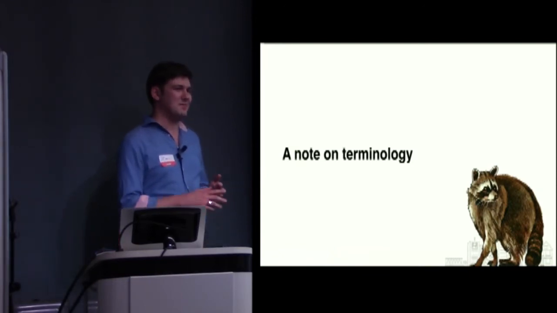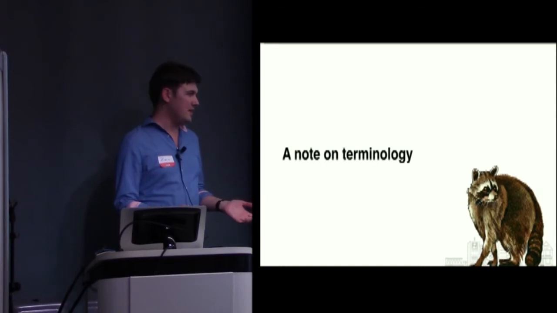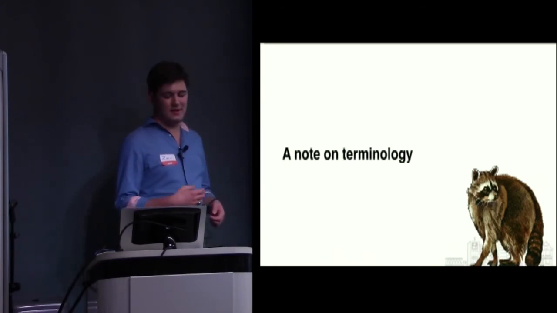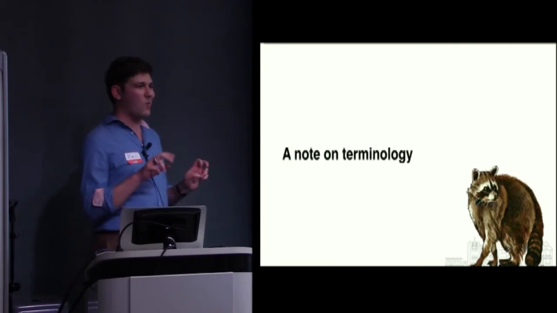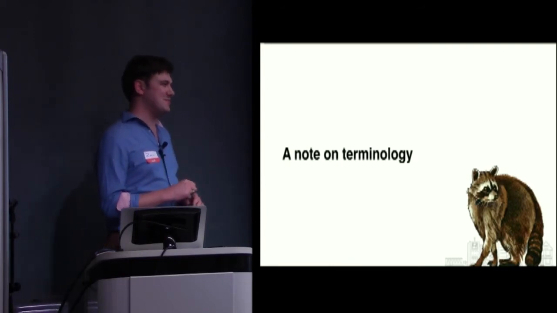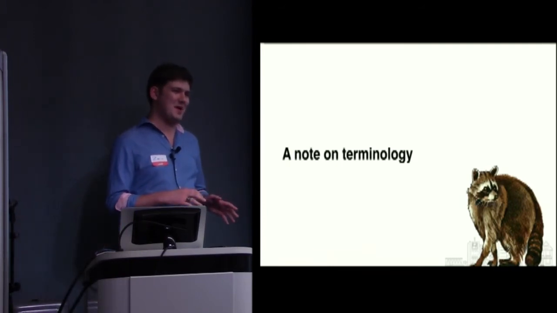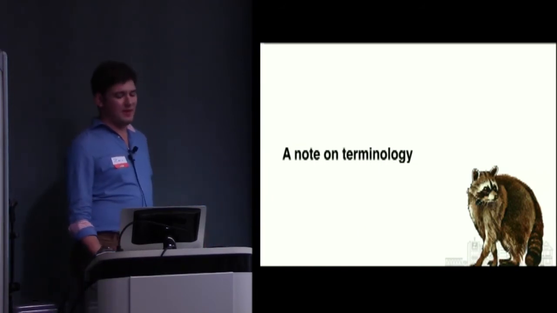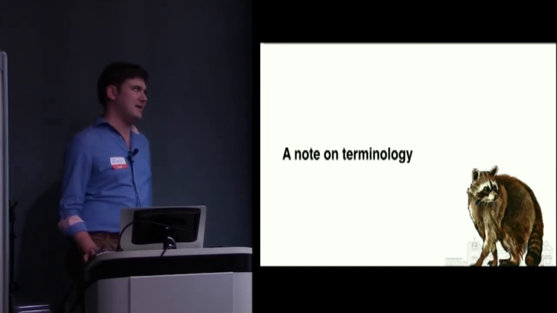A hot cache has most or all of the data that you're going to need, and a cold cache has little or none of it. So a hot cache has a high hit rate, and a cold cache has a very high miss rate. Then we're going to talk about a warm cache that has most of the data that you want, maybe, but not all of it. And we're going to talk about how we deal with such an odd scenario, what happens when it's a hit, but it's not really a hit.